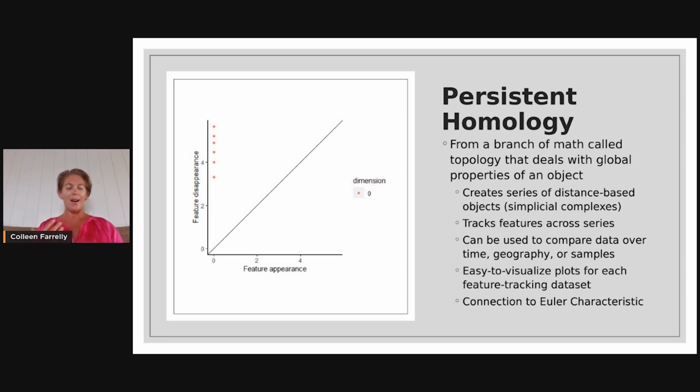It's more about how your data is connected. So basically, we create a series of distance-based objects and look at features across them. This does connect back to geometry and the curvature and the distances that you define in your data, but it's a little broader of an overview.